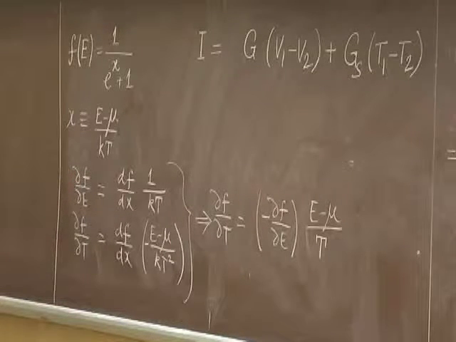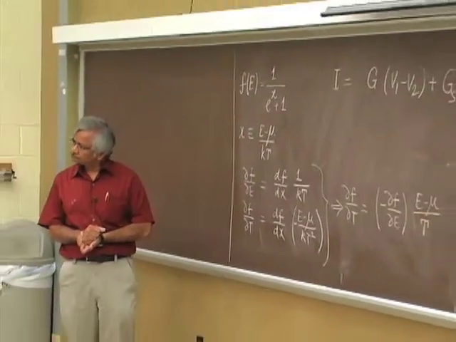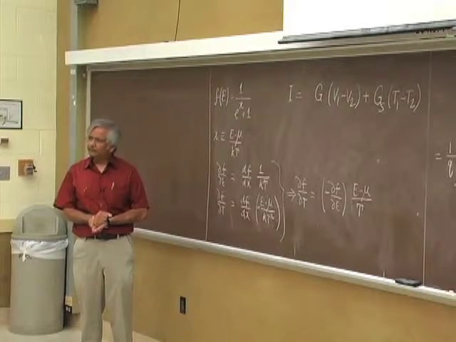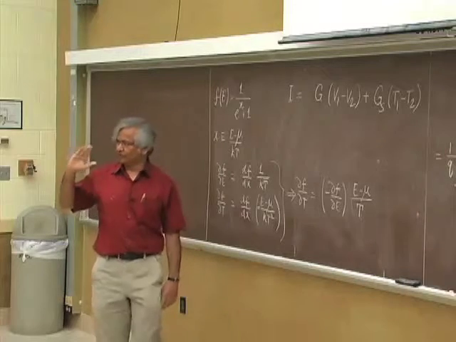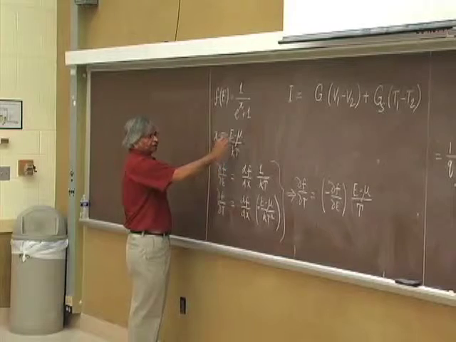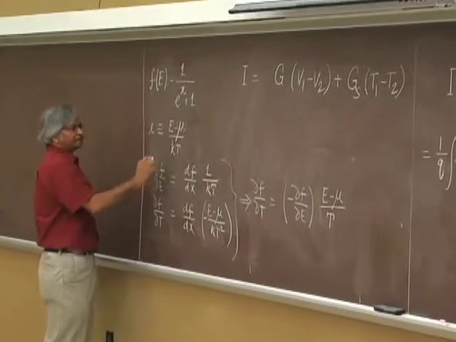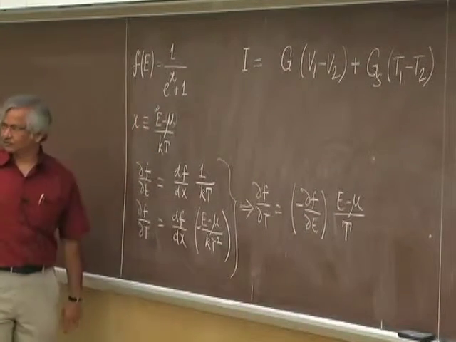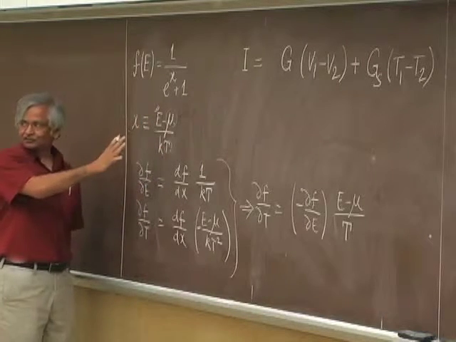Do you take the partial derivative or the full derivative with respect to T? Because the chemical potential could be dependent on temperature itself. In this calculation, you're holding mu constant. In my thinking, when I write del F del E, it means I'm changing E but everything else is fixed, and when I say del F del T, it means I'm changing T but everything else is fixed.